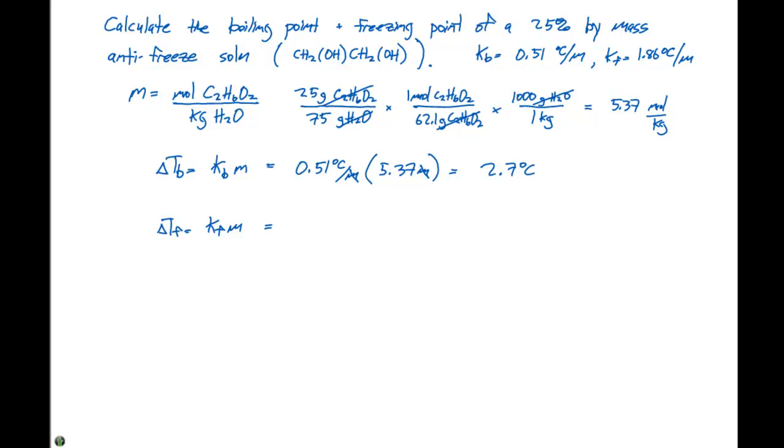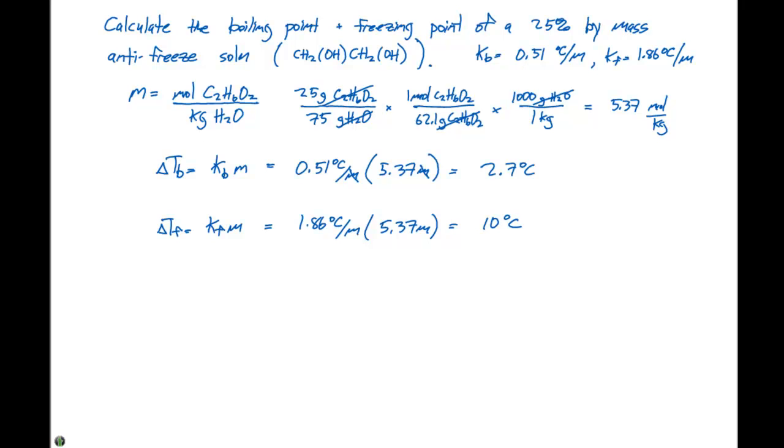We can do the same thing for our change in the freezing temperature. We have 1.86 degrees Celsius per mole times a molality of 5.37, and that's going to give us a value of 10 degrees Celsius.